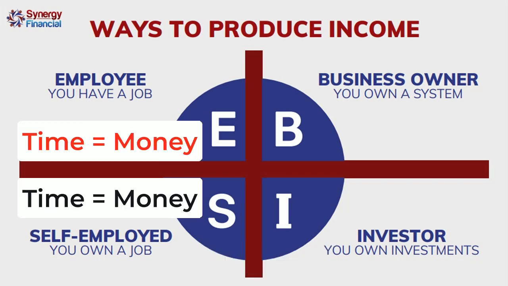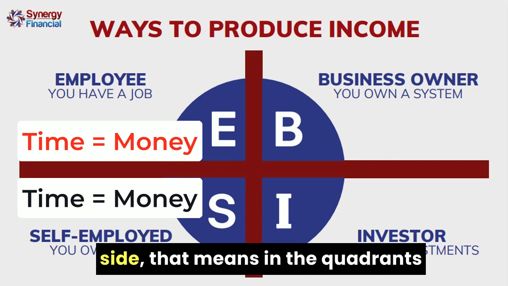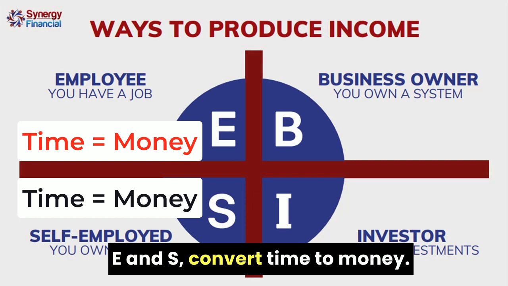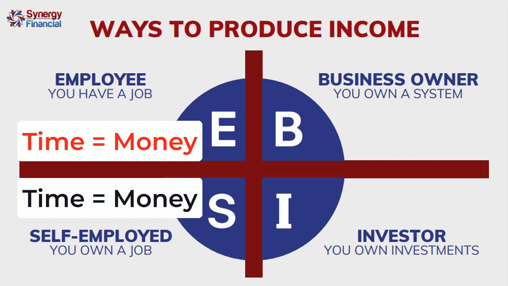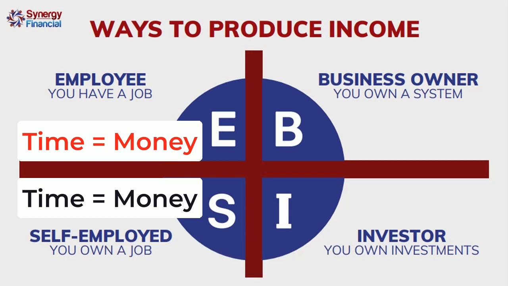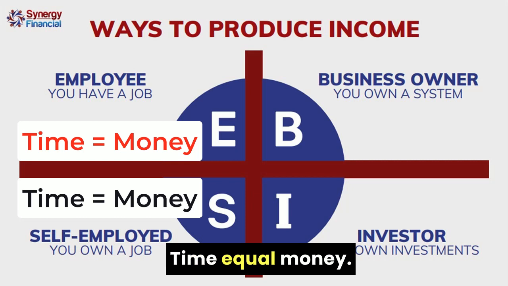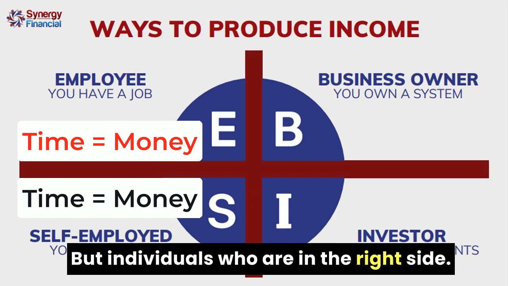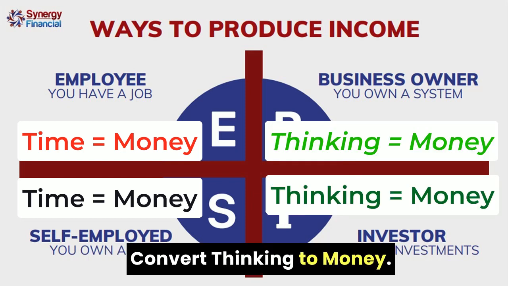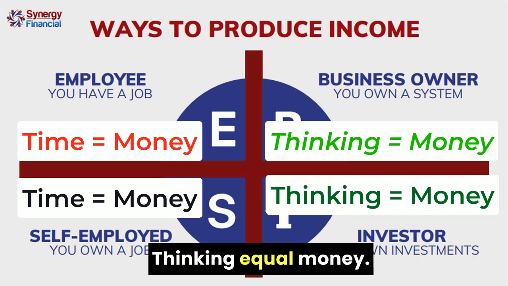Let me tell you, individuals who are on the left side, that means in the quadrant E and S, convert time to money. You always hear time is money. They convert time to money. Time equals money. But individuals who are on the right side convert thinking to money. Thinking equals money.